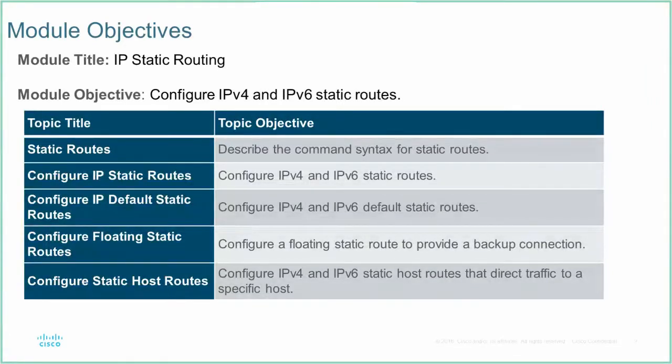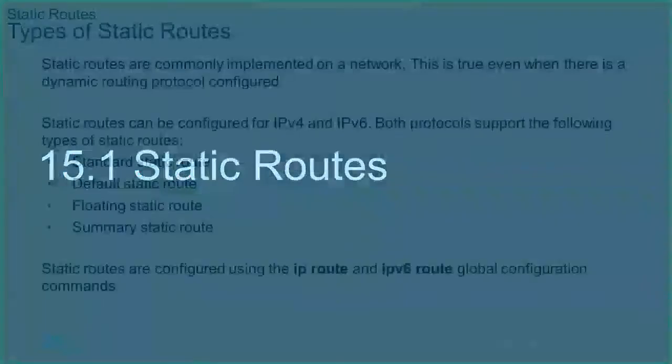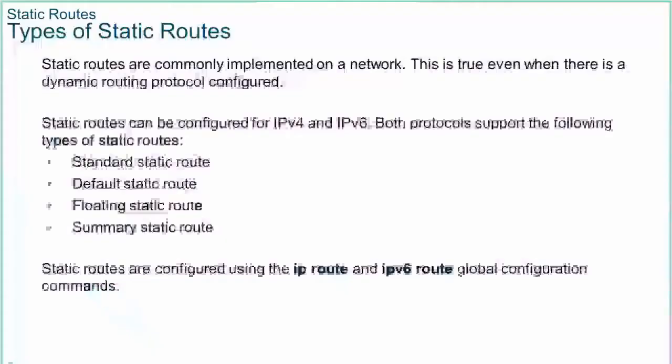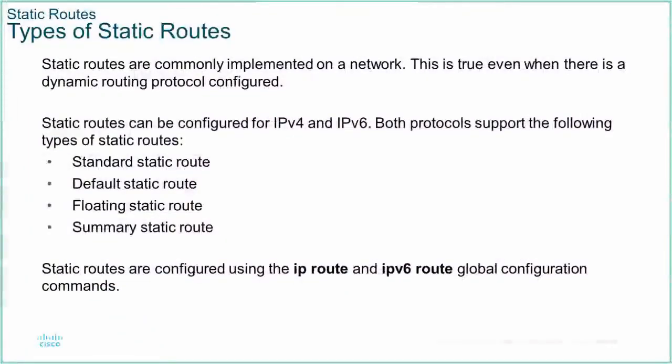We'll go over all the little bits and pieces. Now, static routes work really well in small networks where we don't have a lot of option for directions we could take.